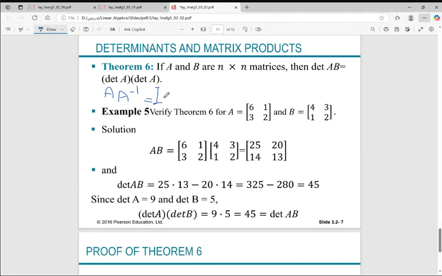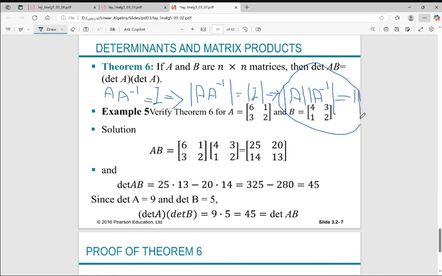You can take the determinant from both sides: determinant of A times A minus 1 equals determinant of I. This means determinant of A times determinant of A minus 1 equals 1, because the determinant of the identity matrix is 1.